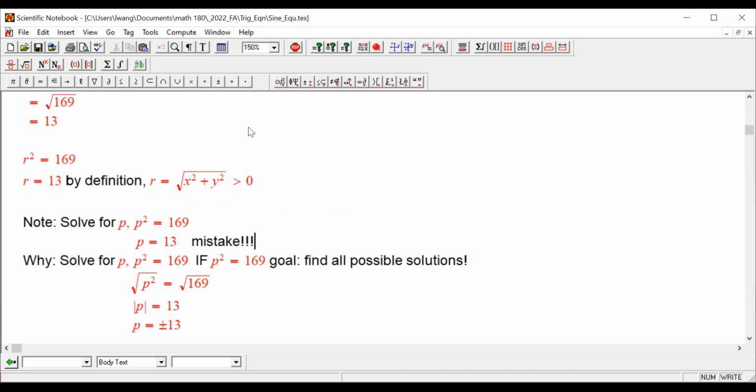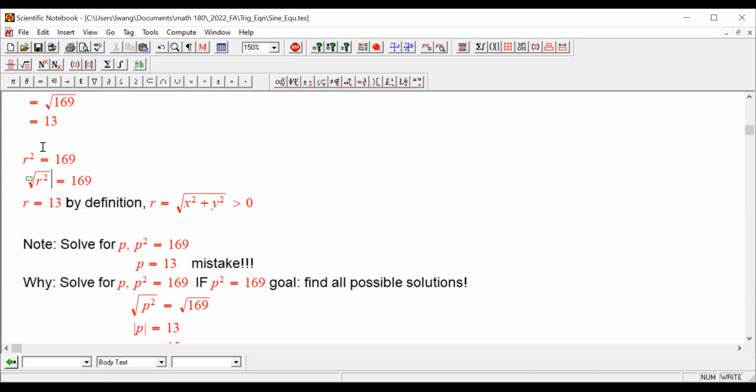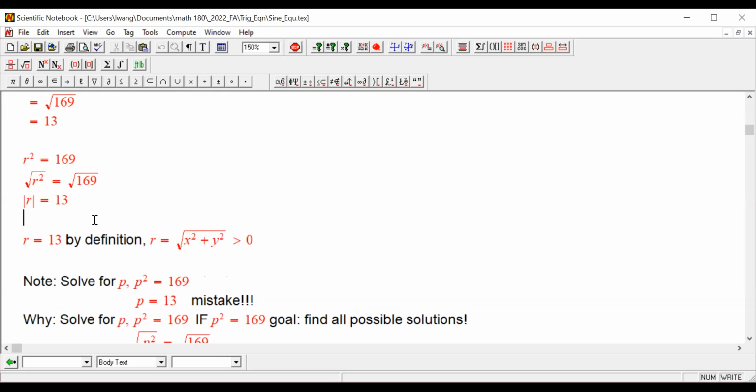Now, what would be the right way to do it? Let's go back there. Had you taken the square root on both sides, and most of you showed the work this way, none of you showed the work that I just showed for p. If you take the square root on both sides, you should still get the absolute value of r. Make this a habit. This is the number one mistake, pointed out by the author of the calculus textbook.